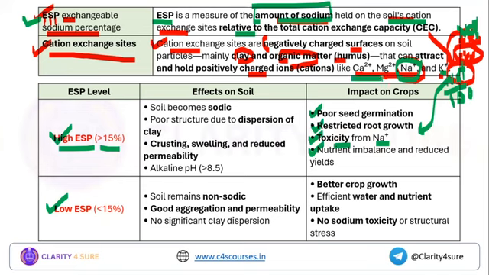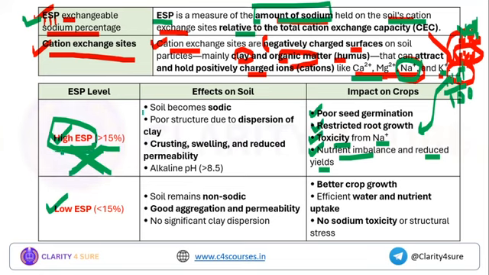We need a balance of all the nutrients, but high ESP creates a nutrient imbalance and reduces yield. High ESP is not desirable for us, so please keep this in mind.